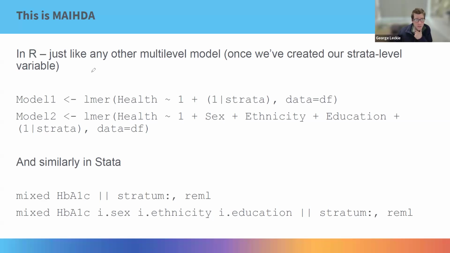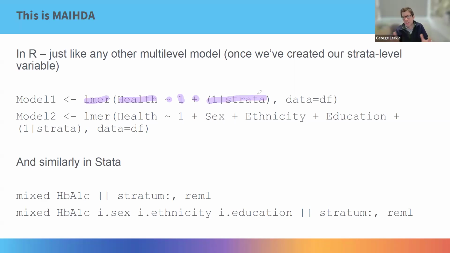If you're an R user, you'd use Doug Bates's lme4 package. You'd use the lmer function within that, which is the standard function for doing multi-level models, linear mixed effects regression. It's just a multi-level model. You'd regress the dependent variable health on an intercept, which is what the 1 is there, being very explicit, plus a random intercept across strata.